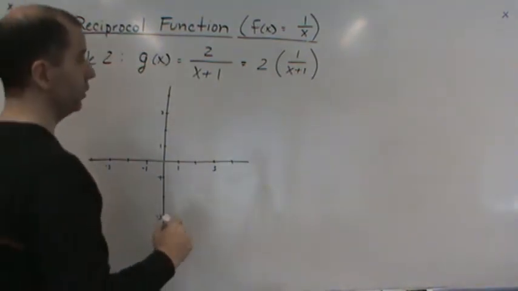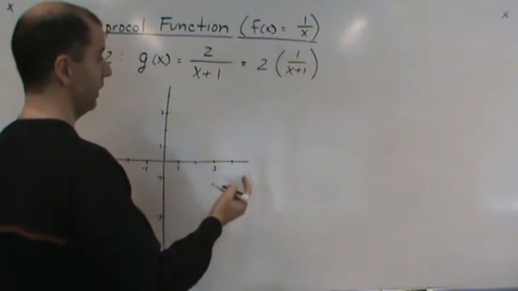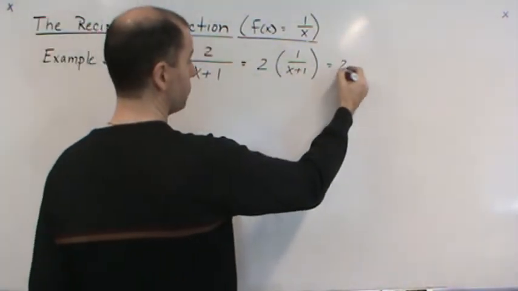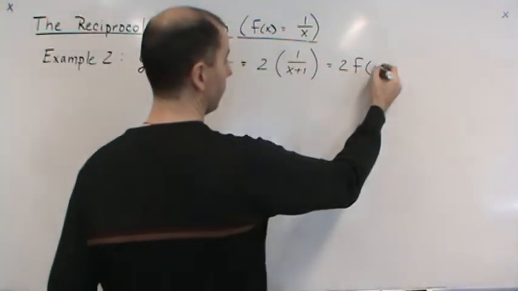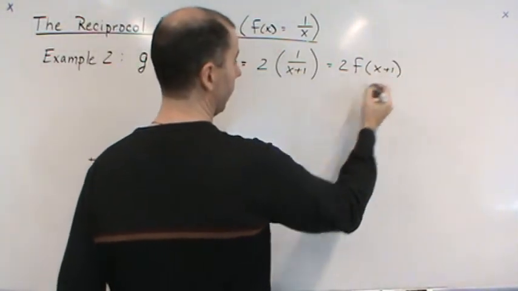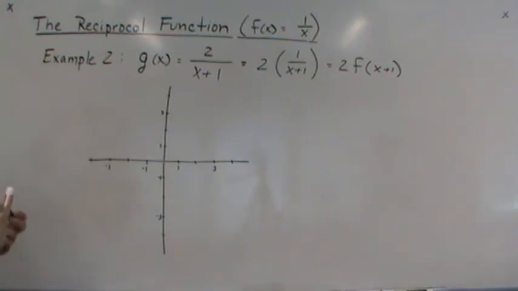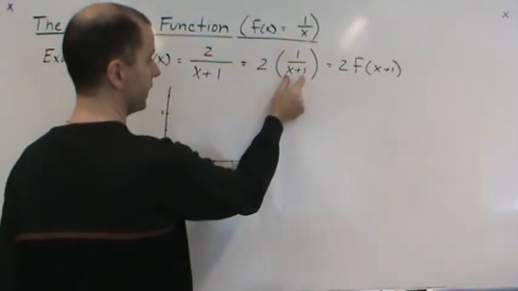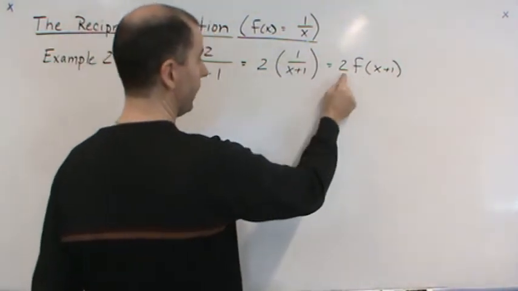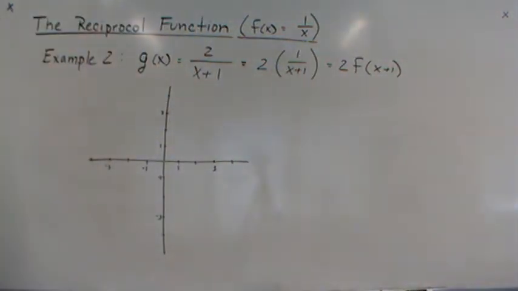And so we could write this as 2 times f of x plus 1, right? Because all we're doing is we're replacing x with x plus 1. So we could write this like that, okay?